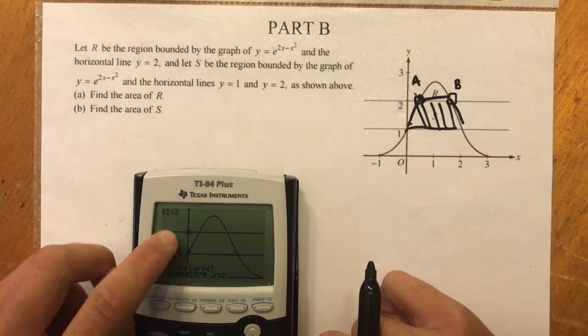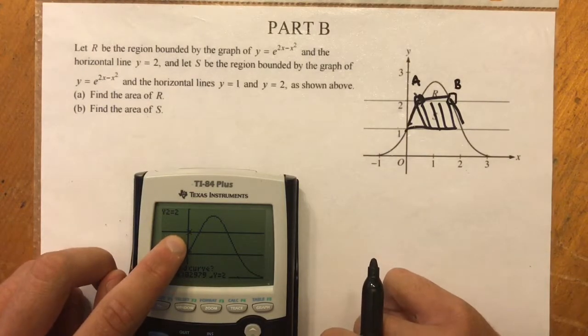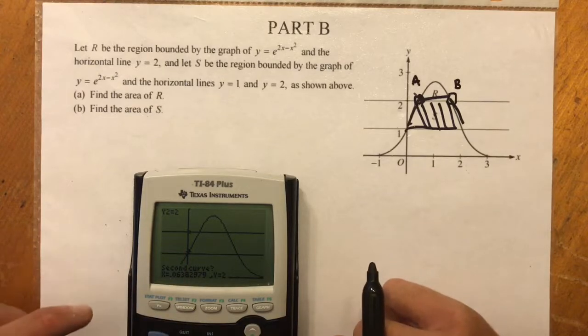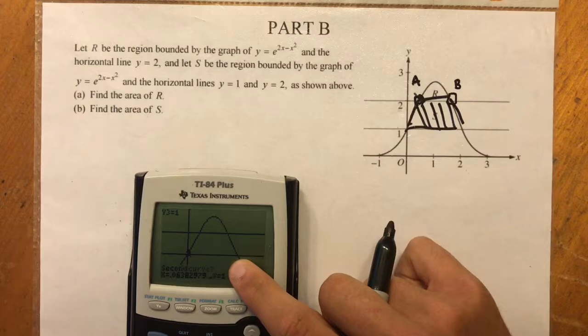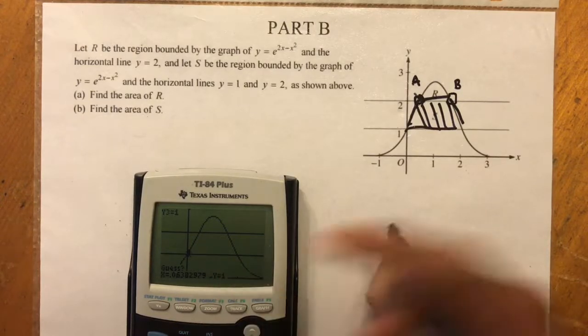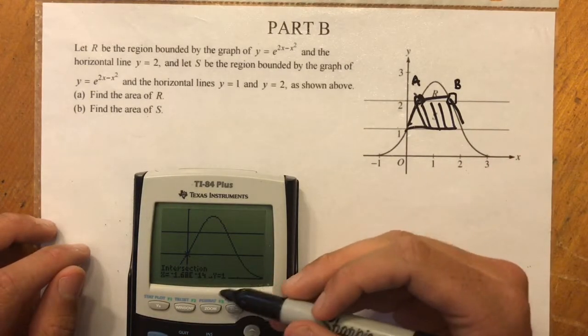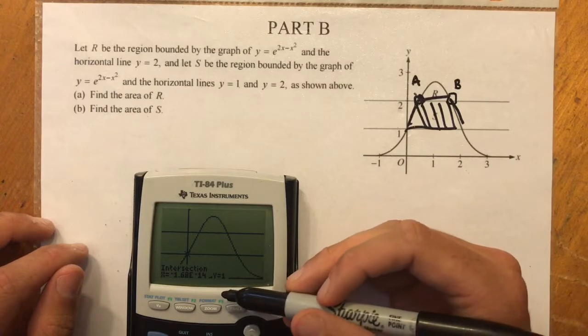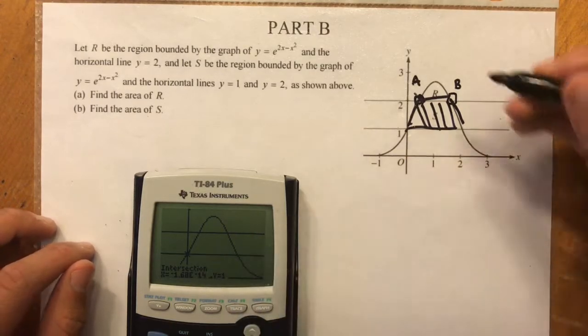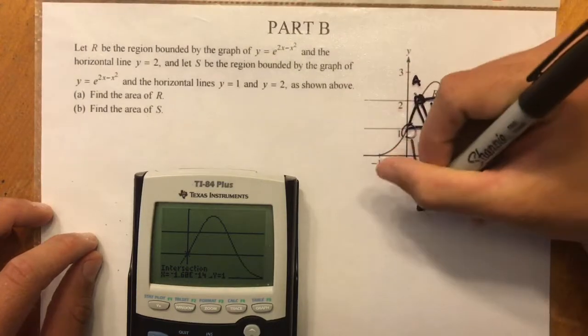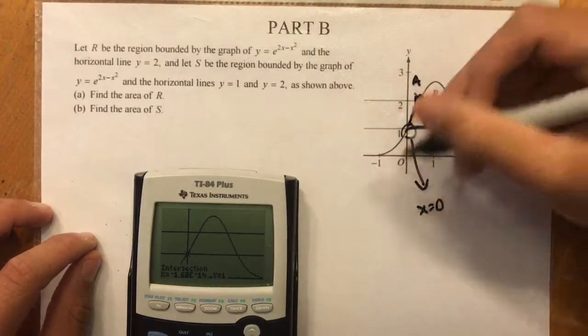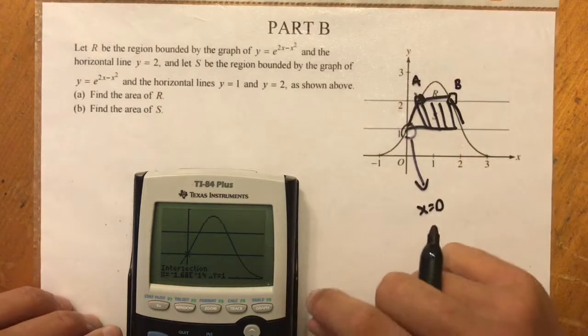For the second curve, the cursor is on the horizontal line y equals 2, so we hit the down arrow to go to the horizontal line y equals 1, then hit enter again to give us our guess. We see a very small number written in scientific notation, so we're just going to name this intersection point x equals 0, rounding it to 0.